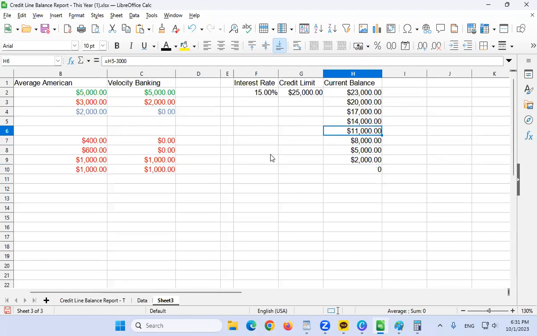Then we're going to see how many months it takes. Let's put a column for interest paid. Let's see how many months it takes to pay off the balance of the line of credit.